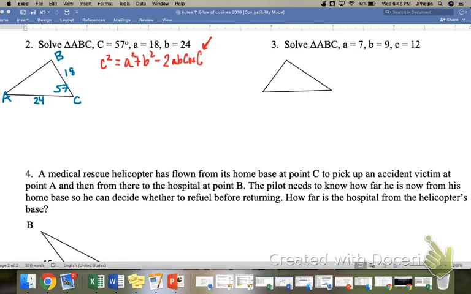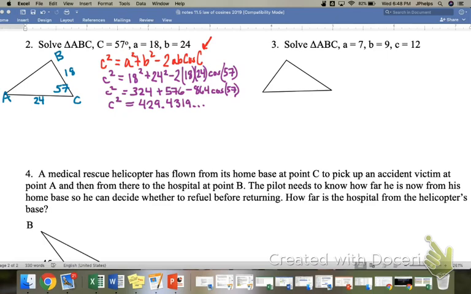So now we need to plug in the sides and the angle that we have. We don't know side C, but we've got sides A, B, and angle C. So when we plug those in, we've got 18 squared plus 24 squared minus 2 times 18 times 24 cosine of 57. And then we just go ahead and simplify this.